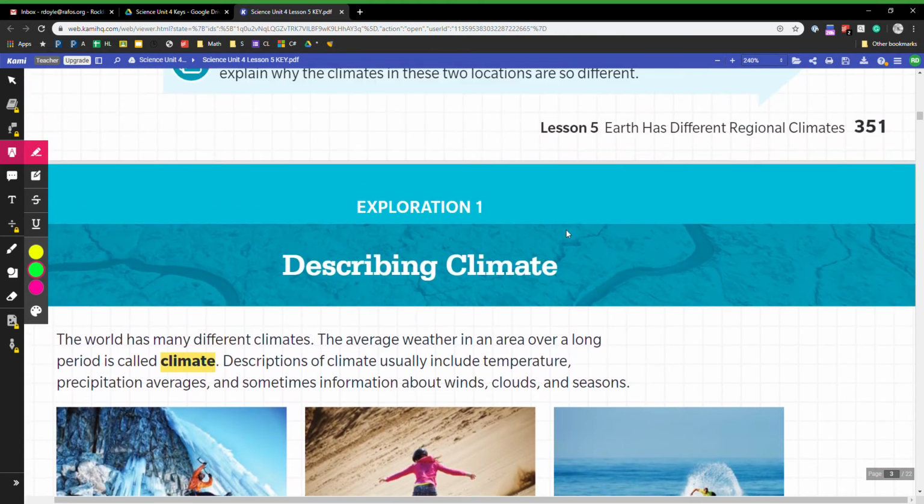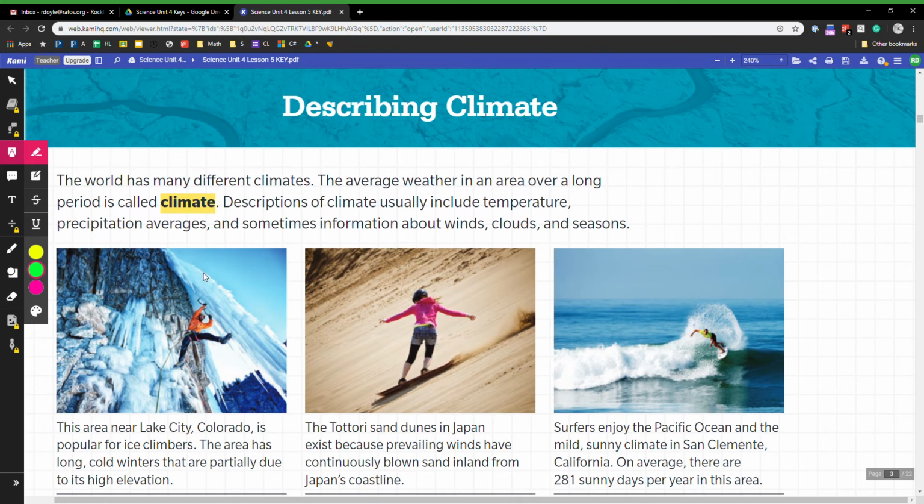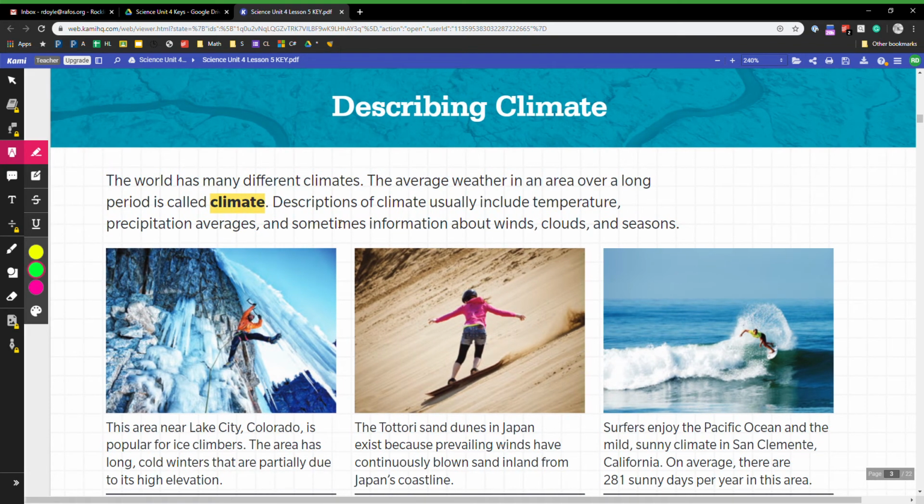So I'm going over exploration 1 and 2 in this. Describing climate. Climate is the description of the average weather over an area over a long period of time. A lot of times you heard people talking about global warming, and then everyone started calling it climate change. Why was that?